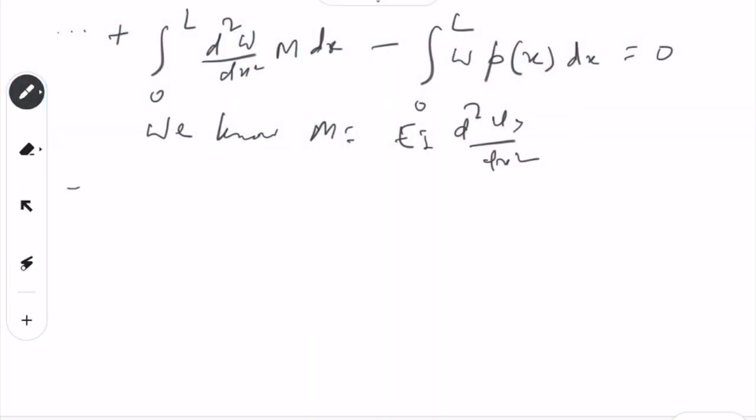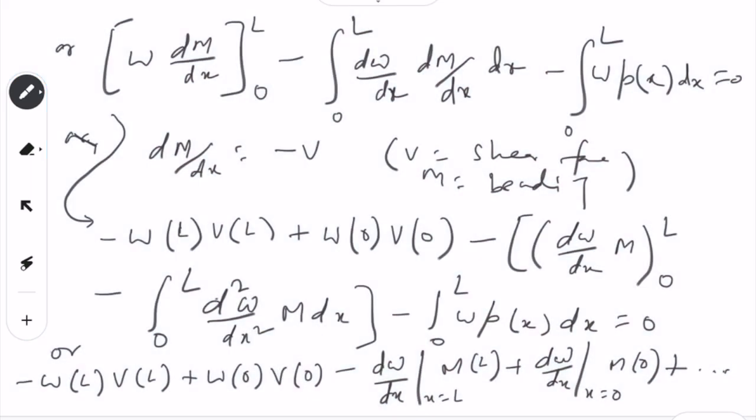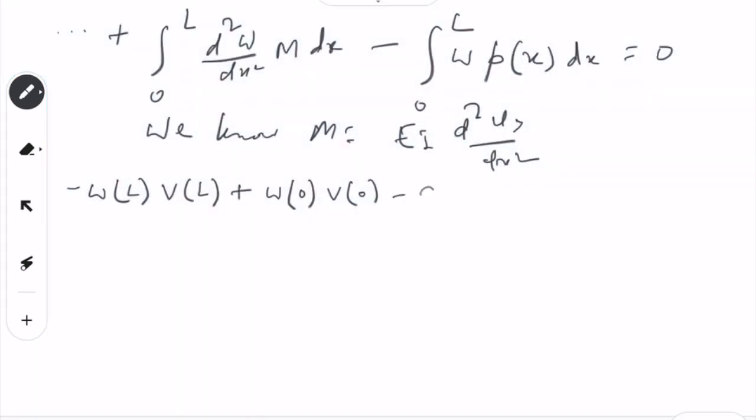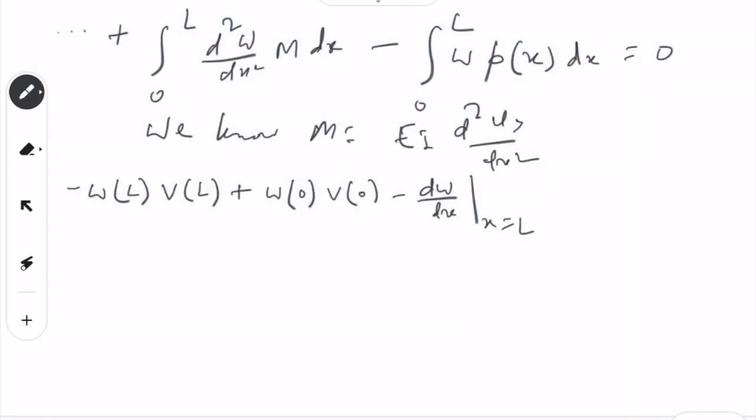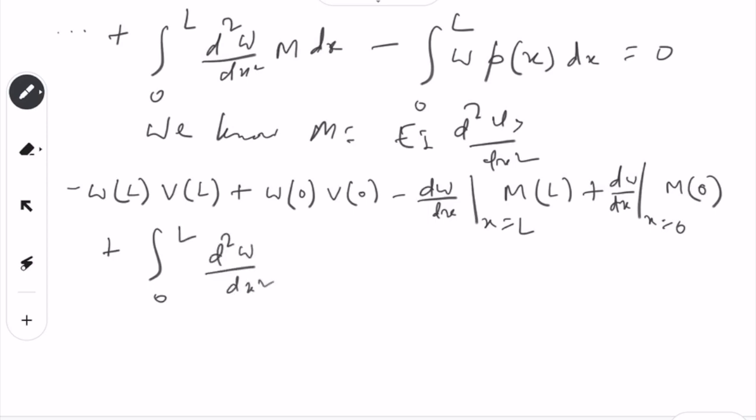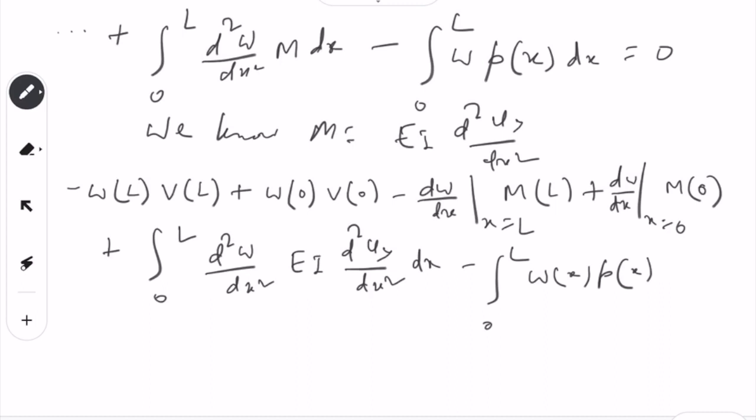We have minus WL times VL plus W0 times V0, okay, then minus dw over dx at x equal to L times m at L plus dw over dx at x equal to 0, m at 0, okay, plus 0 to L d square w over dx square times EI d square uy over dx square dx minus 0 to L w p x dx equal to 0.